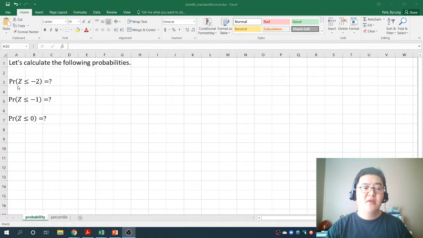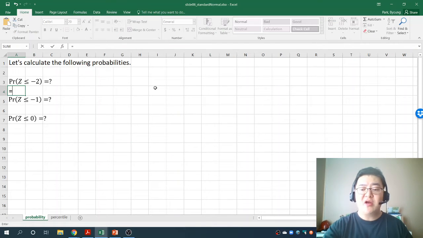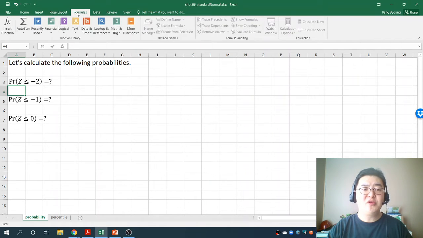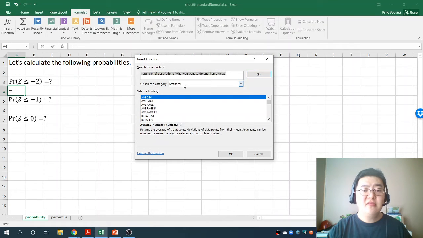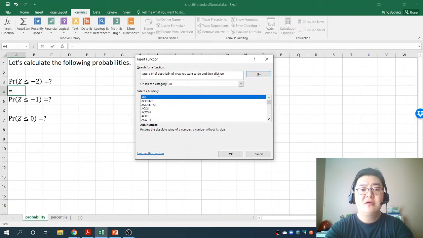It's pretty simple. We are going to calculate three probabilities. The first one is the probability that the standard normal variable is smaller than -2, then smaller than -1, then smaller than 0. What you need to know here is we are going to use a formula, so you may click the Formula tab, click this, and then you may choose the category, and you may just click All and search here for normal distribution.